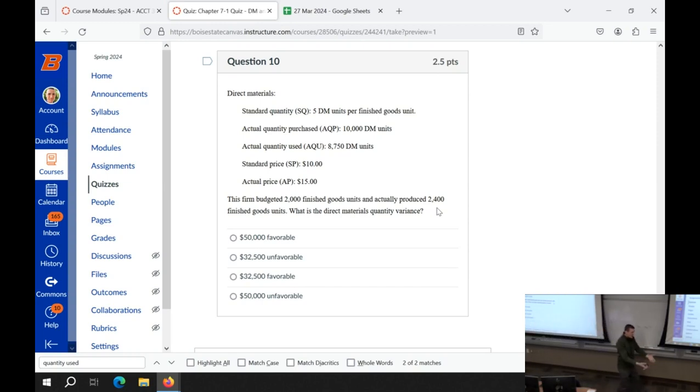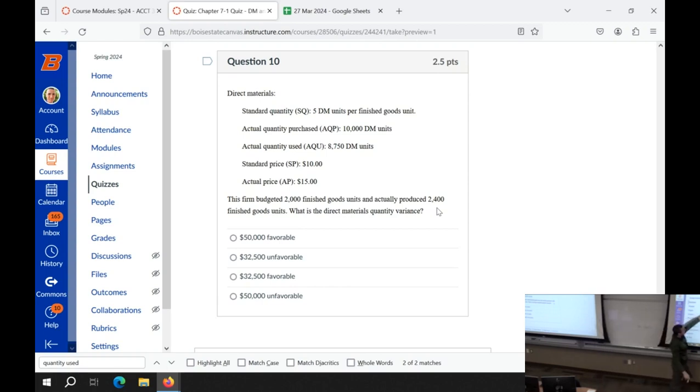I don't want to lay at the feet of the purchasing manager a decision that was made on the factory floor. The actual quantity used, that's a decision made at the factory floor. Actual quantity purchased is made by your supply chain purchasing department. So for price, I want to use actual quantity purchased, because I'm going to go take it to the purchasing manager. For quantity, that's usually almost always a question of what happens on the factory floor.